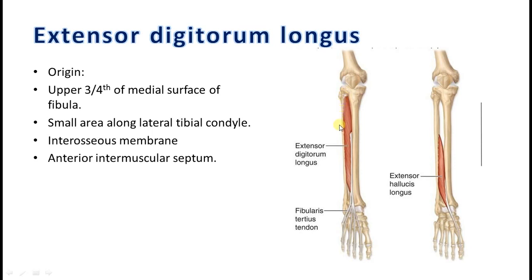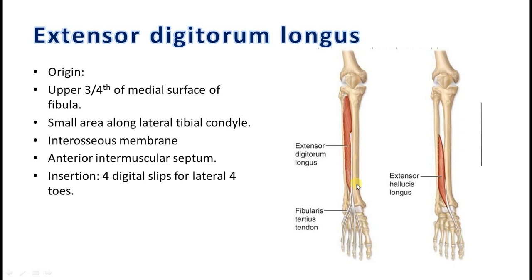And here you have the intermuscular septum which is separating your extensor compartment from the lateral or the peroneal compartment. Both are separated by intermuscular septum. So it originates also from that adjoining intermuscular septum.